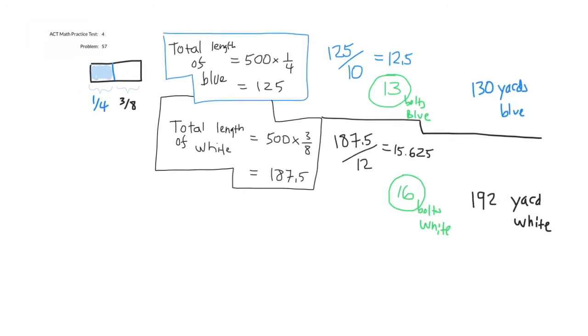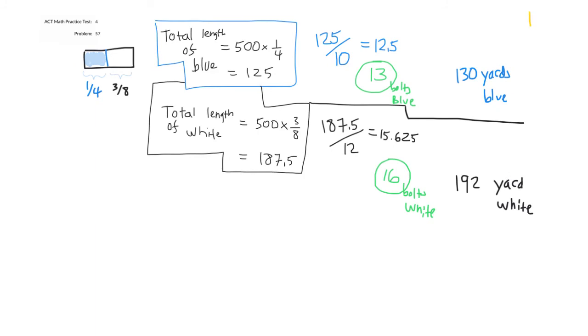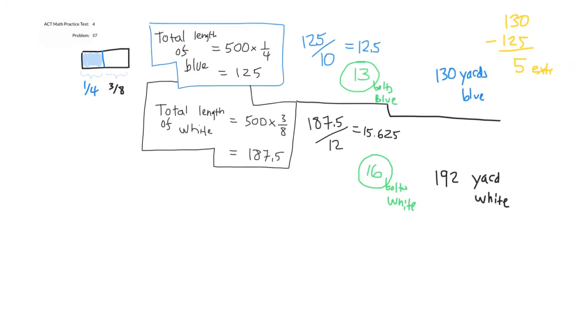So what we're going to do is we're going to say 130 minus 125. Well, that's going to give us 5. So we have 5 extra yards of blue. And over here, it's going to be 192 minus 187.5.